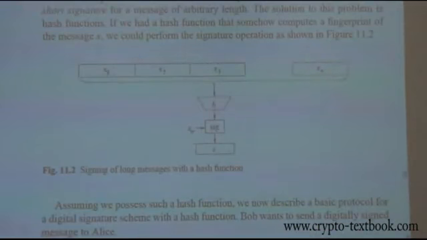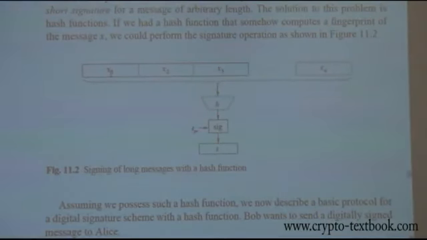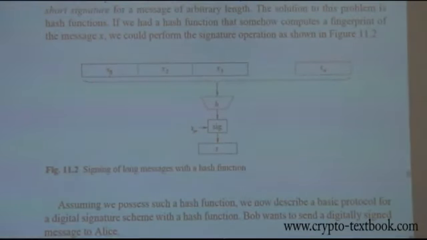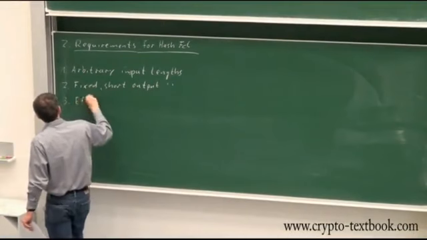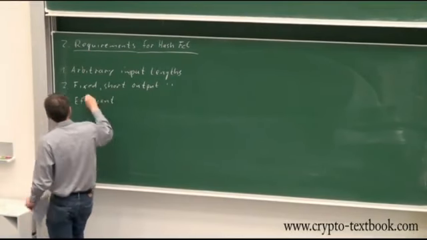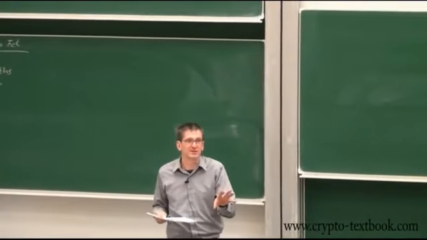What's happening here, if you have a 50 gigabyte hard disk, you want to hash that, you have to feed all bits, 50 trillion bits, into this function. You don't want to wait a week, right? So the third requirement is it should be fast. Rather than fast, we call that efficient, but we really mean fast in hardware and software. So this was easy, okay?